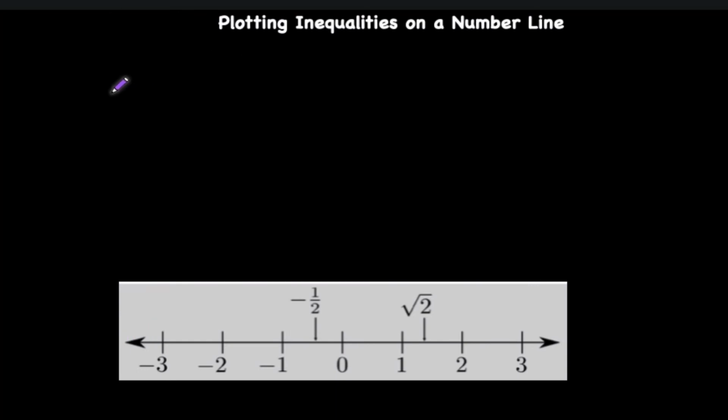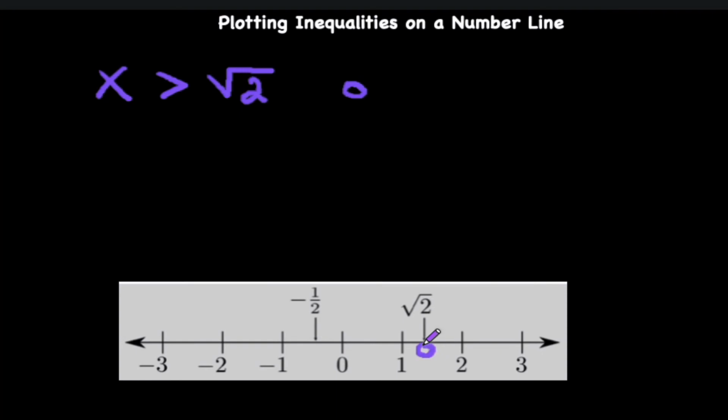Let's take the expression x is greater than the square root of 2. Okay, so here we have the square root of 2, and let's just go ahead and plot this point here. So this indicates an open circle, right? And greater than means that we're going to shade to the right.